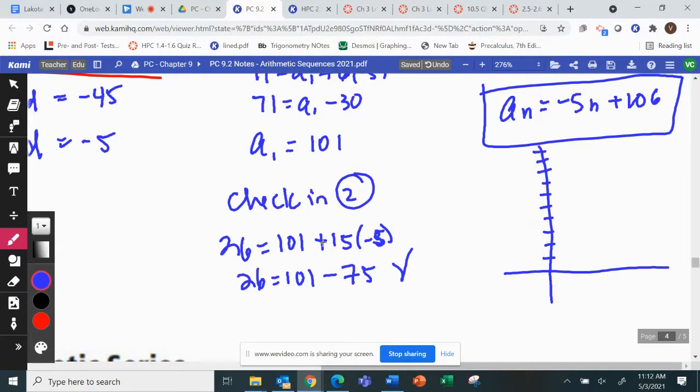I probably made this way too big, but I'm counting by 10s. So I've got 106, and then I'm just going to subtract 5 each time. From 106, I'll be at 101. And then for the third one, I'll be at 98, right?